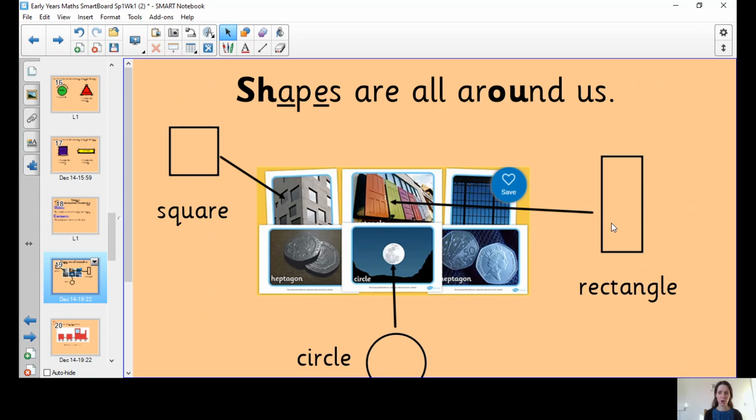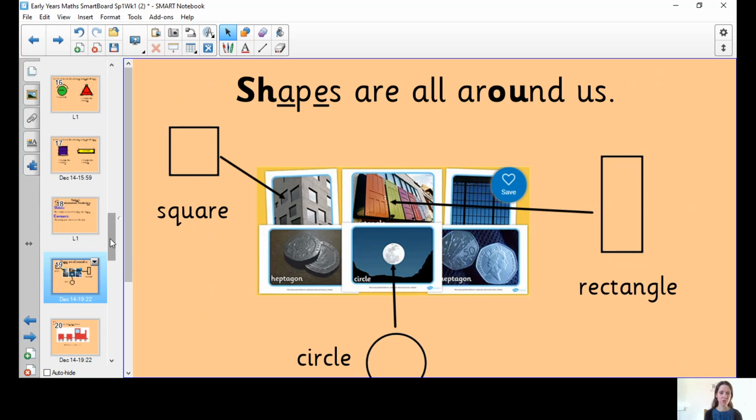They have 4 sides. 2 of their sides are long sides and 2 of their sides are short sides, and they have 4 pointy corners. In this picture, the moon looks like a circular shape. It has no pointy corners, just one side that curves all the way around.